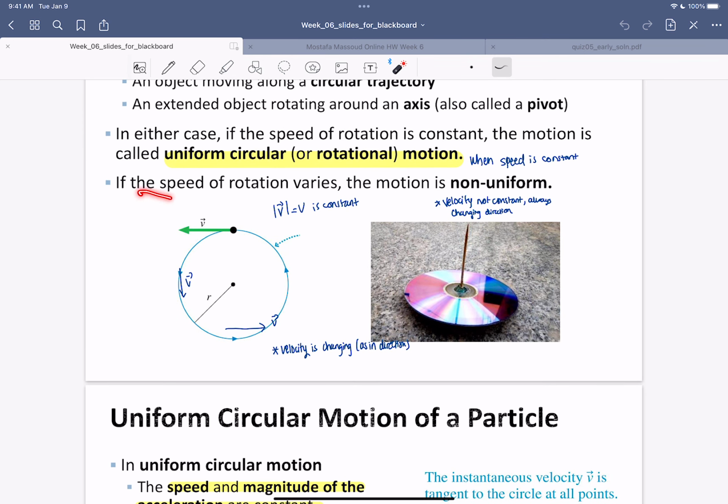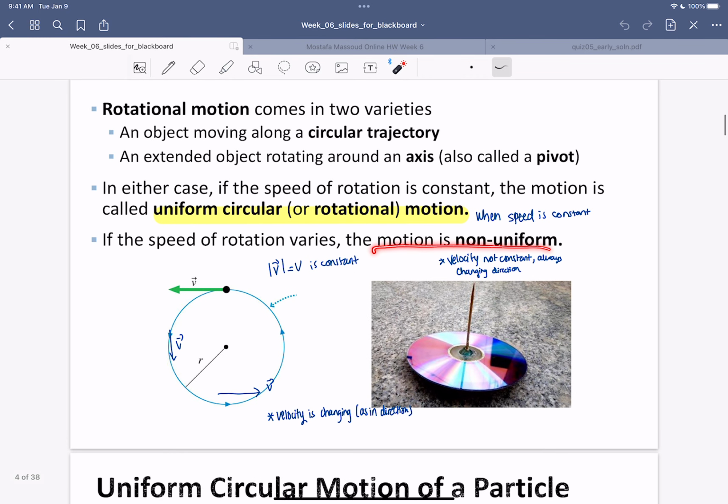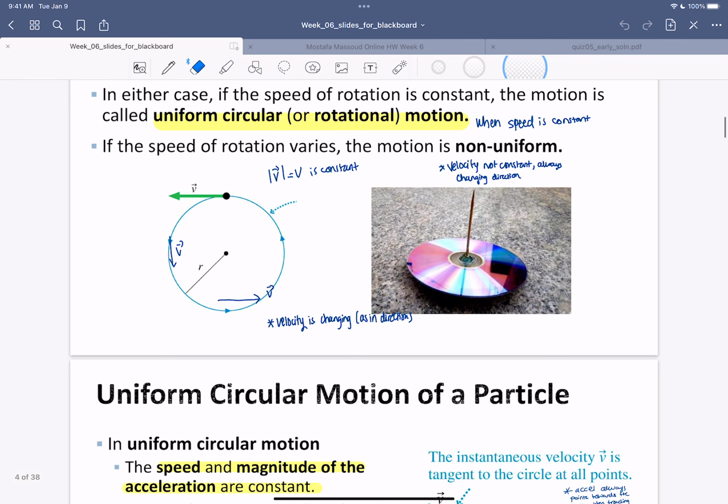If we don't have the same speed all around, then the motion is non-uniform, and we really don't have a lot of cases where circular motion is not uniform, so you don't have to worry about that a bunch. But if we have constant speed everywhere, we might be traveling 20 meters per second at every point in the circle, but we're constantly changing direction. The magnitude of velocity is our speed, because velocity is just speed with a direction.